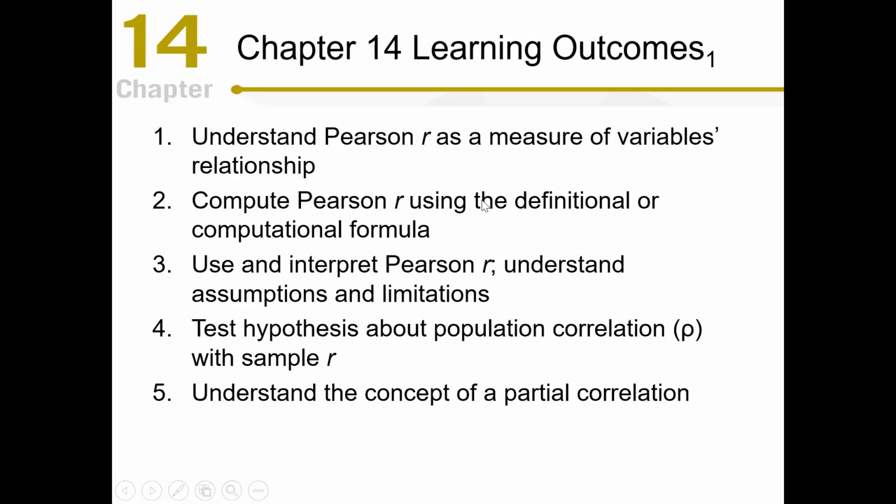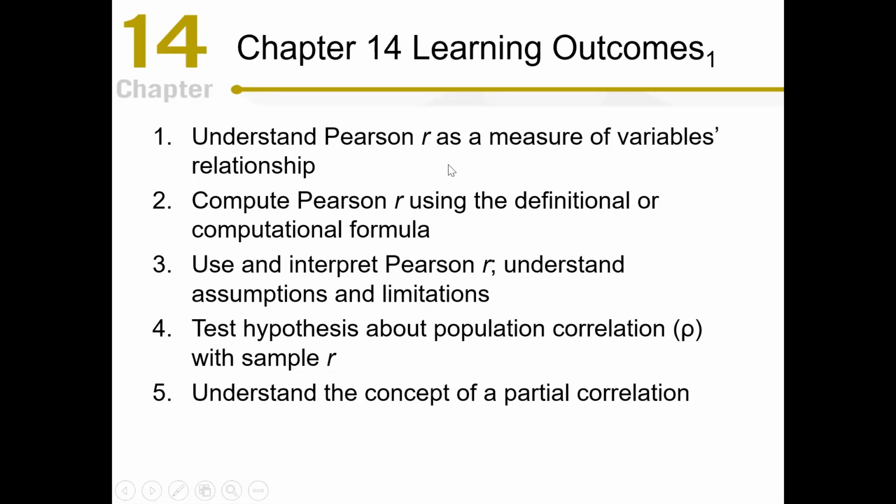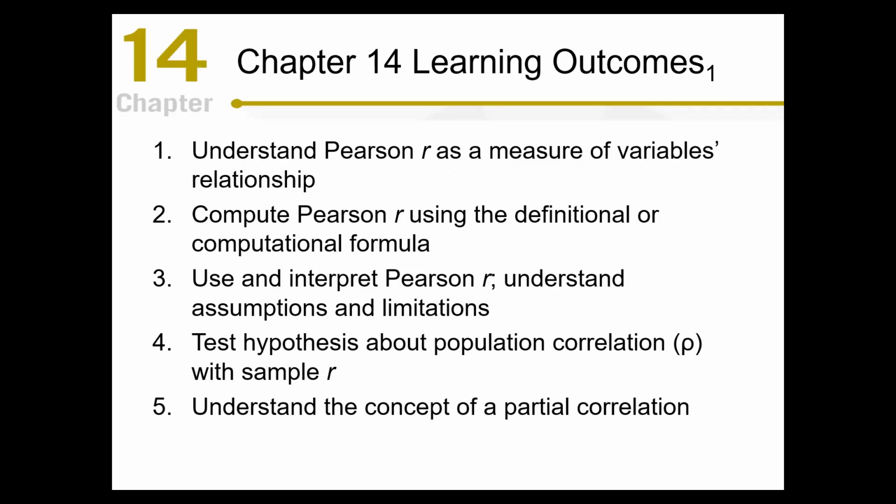So what we're going to do, I'm going to walk through each of these different learning outcomes here. And so what you'll be able to see is we're going to walk through understanding what the correlation coefficient is all about. We'll move into how we then compute one.